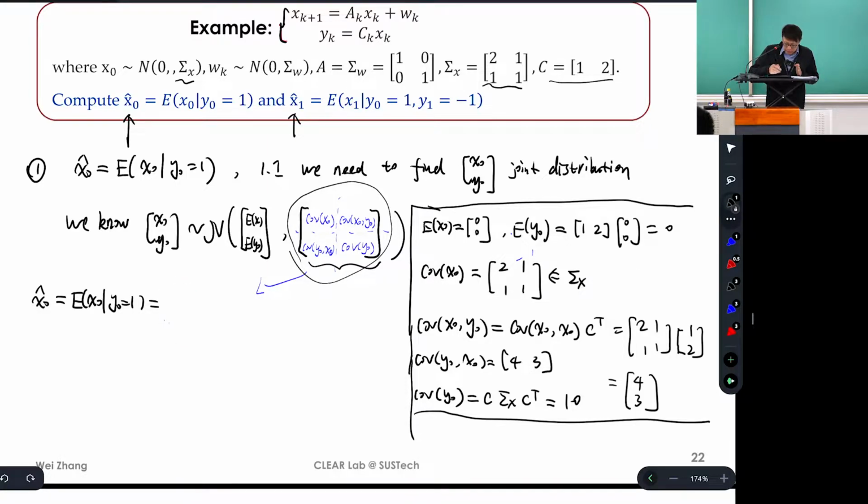Let me write the formula, right? So EX0 plus covariance of X0 with Y0, covariance of Y0 inverse times the surprise. How much surprise did we get? Y is 1, right? So 1 minus the expectation of Y, which is 0. So the surprise is 1.